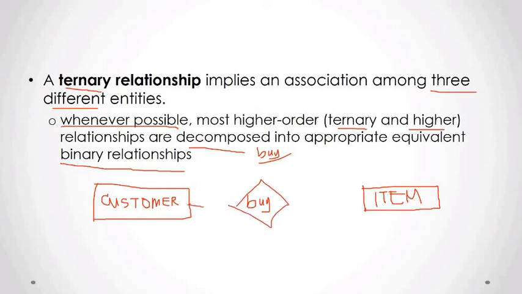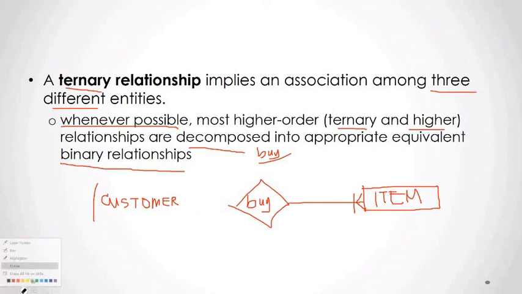How many items can a particular customer buy? It could be one or many. For a given group of items, how many customers can buy? It is also one to many. Okay, so it becomes many to many.